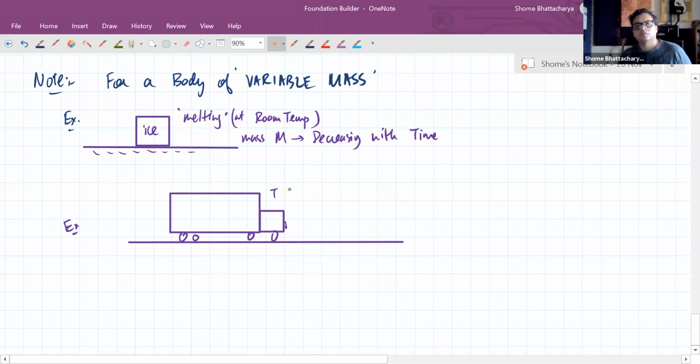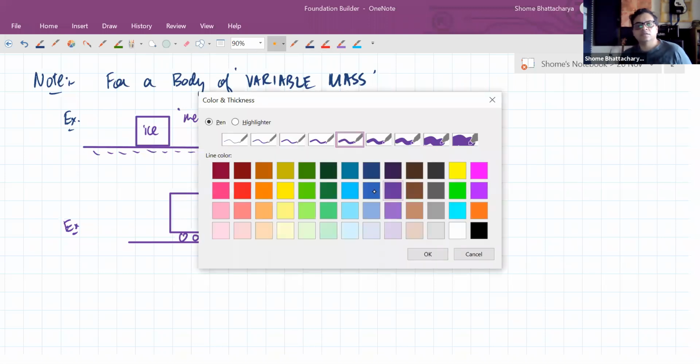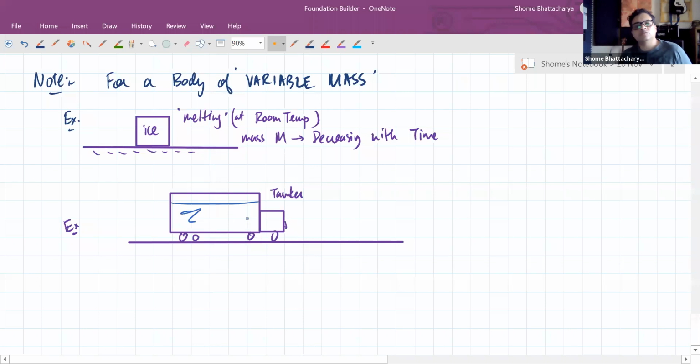So you have a tanker and it contains some kind of liquid inside, but the level of liquid is decreasing because it has a leakage. So what happens again? The mass is decreasing with time.